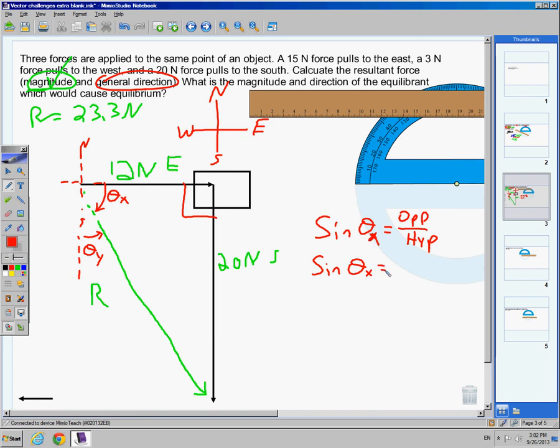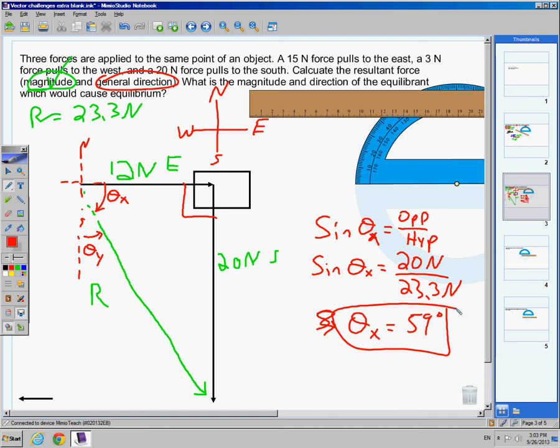And my opposite is going to be 20 newtons. And my hypotenuse we solved for was 23. And so my sine, actually, you could do all the math. My theta x, the angle off the x-axis, comes out to approximately 59 degrees. And so this would be 59 degrees right here.